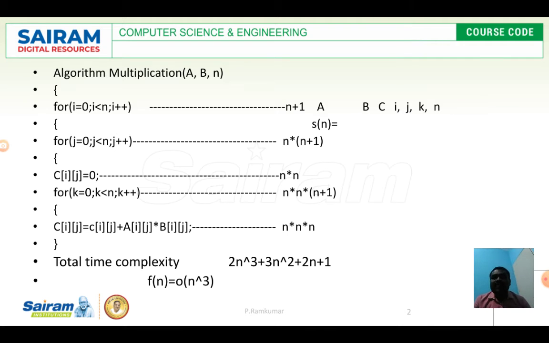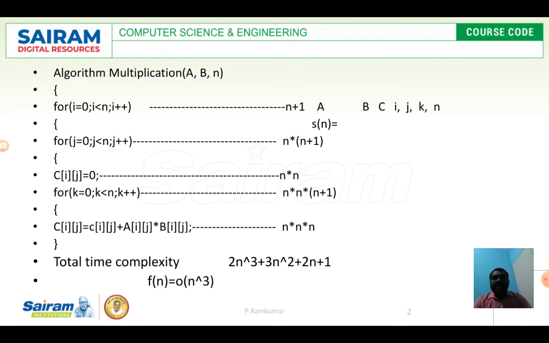So now I am going to find the total time complexity. First n plus 1, plus n star into n plus 1, then plus n star, plus n cube plus n square plus n cube. So there are totally 2 n cube statements. So 2 n cube plus 3 n square plus 2n plus 1.